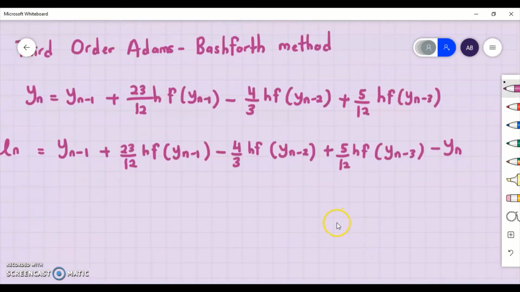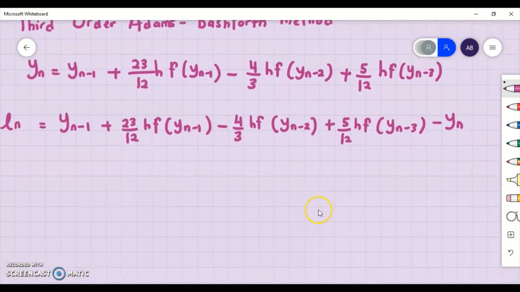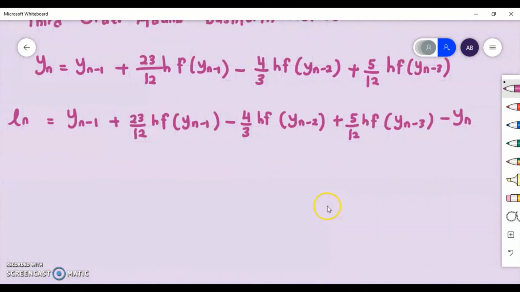Okay, now how to expand this? This is not much different; we change this into the form of x.